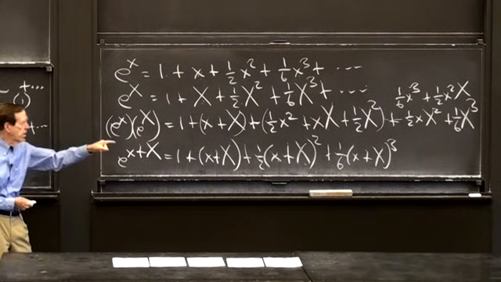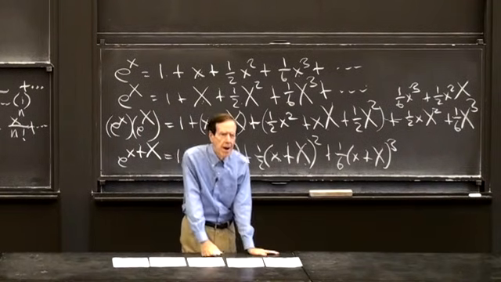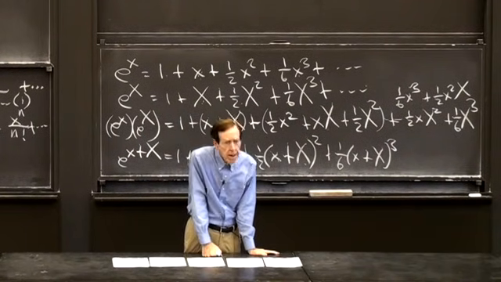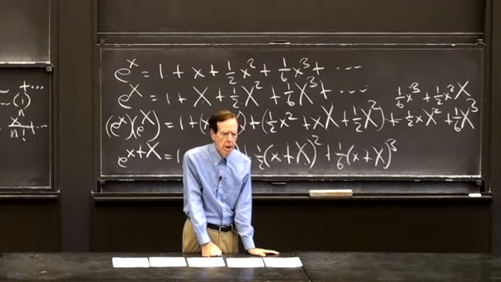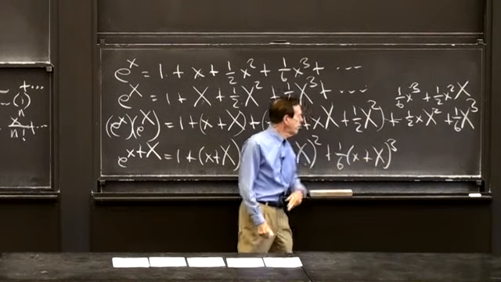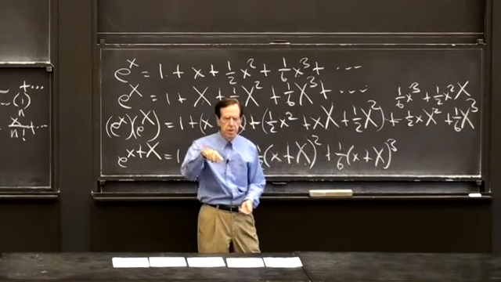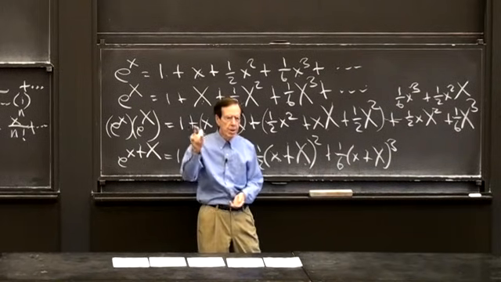If we cube the thing, do you remember the right words to say now? Binomial theorem. The binomial theorem tells you how to take the nth power of a sum, like x plus capital X, to the nth power.